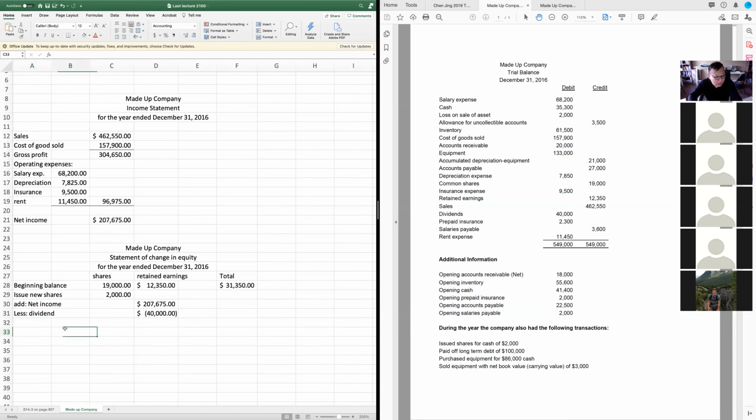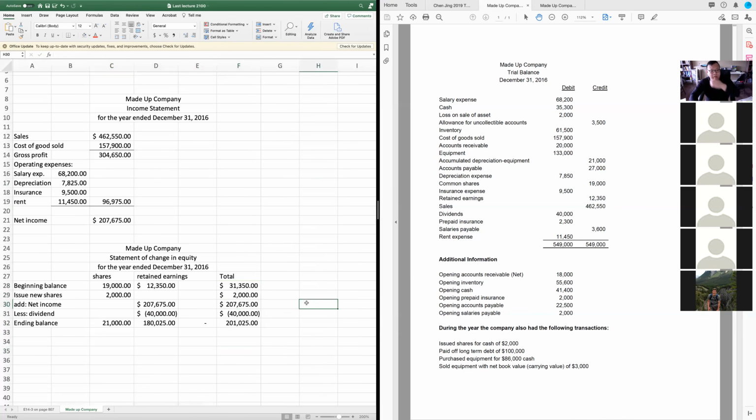So here, the total ending balance is going to be this. Does this make sense for the second statement?